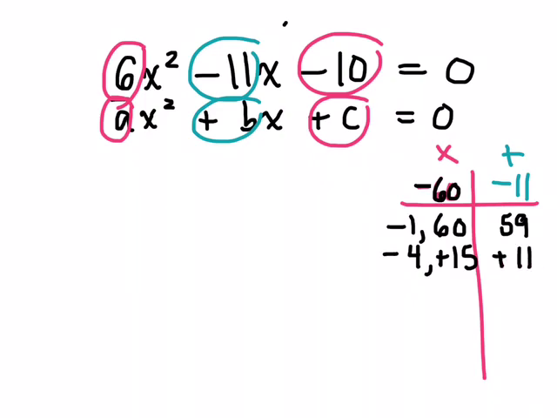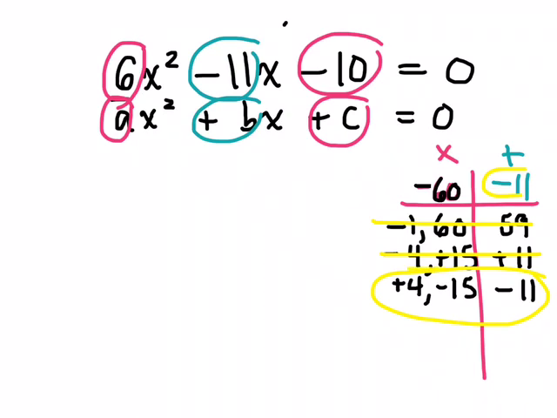Positive 11. Does that give me negative 11? No, so these don't work. It's close. So what am I going to do with the signs? Change them to positive 4 and negative 15. What's negative 15 plus 4? So I get negative 11.